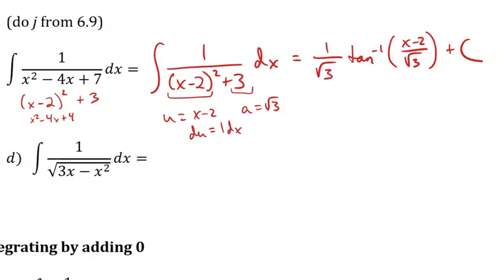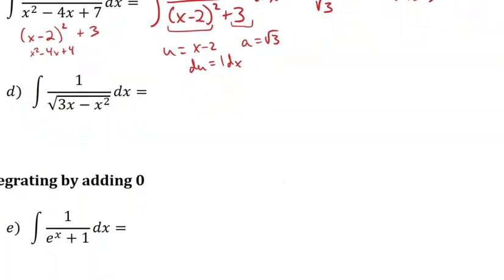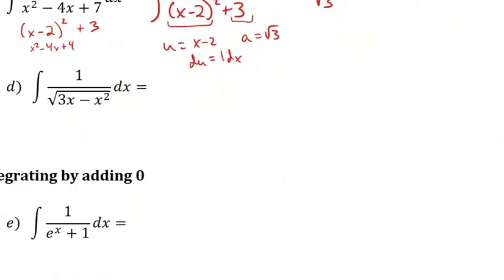Okay, one more example here, with this one, completing the square. I'm going to start by making that negative, putting the x squared in front and factoring out the negative. So this is going to be x squared minus 3x and then something, okay? That's going to be x minus 3 halves squared, but x minus 3 halves squared is actually x squared minus 3x plus 9 over 4.